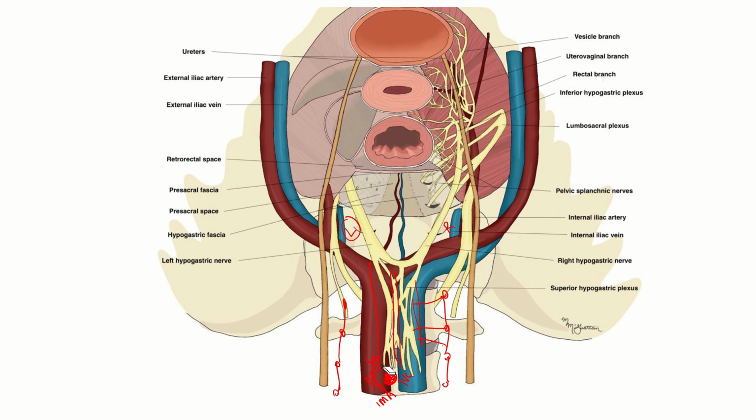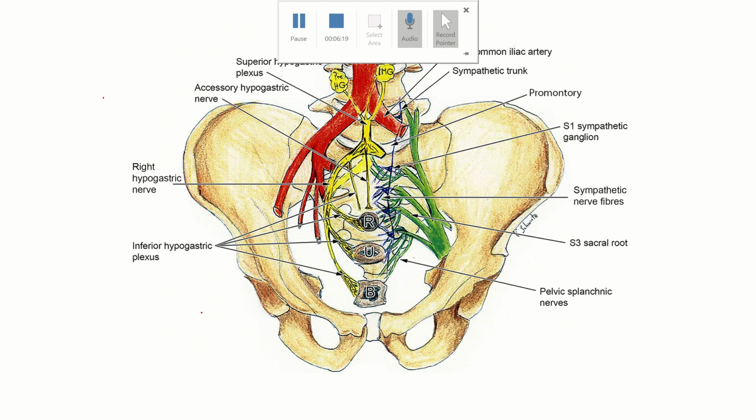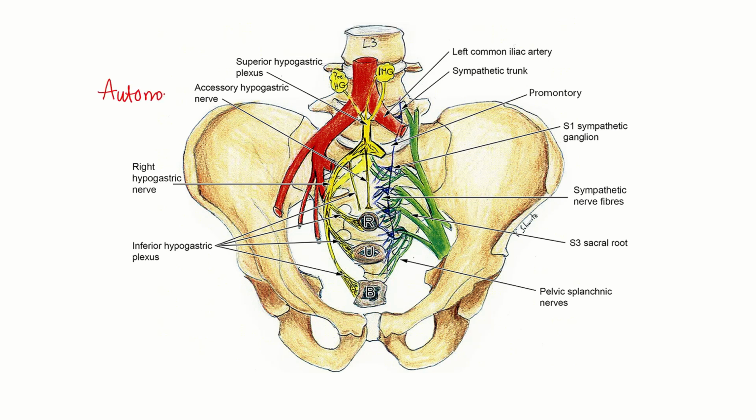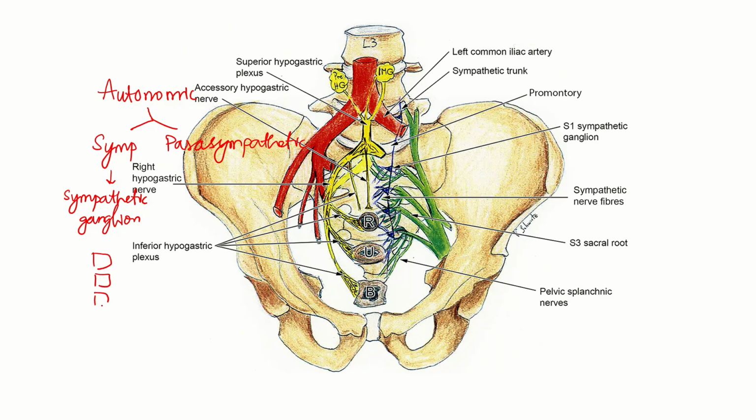So how are these plexus formed? So when you see the autonomic nervous system, it is divided into sympathetic and parasympathetic. So the sympathetic system is composed of sympathetic ganglion that run on either side of the vertebra, and they are present in the thoracolumbar region, and they descend into the pelvis.